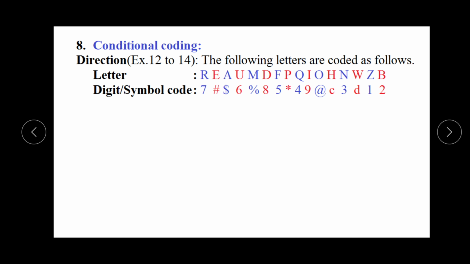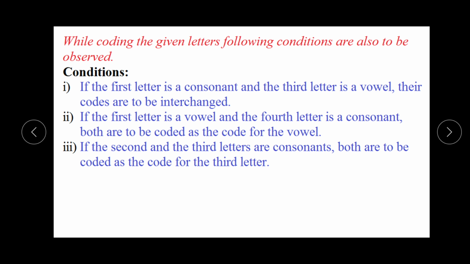But which type of condition will be given? This type of condition will be given for the questions. For this question these three conditions are given. The first condition is that if the first letter is a consonant and the third letter is a vowel, their codes are to be interchanged.